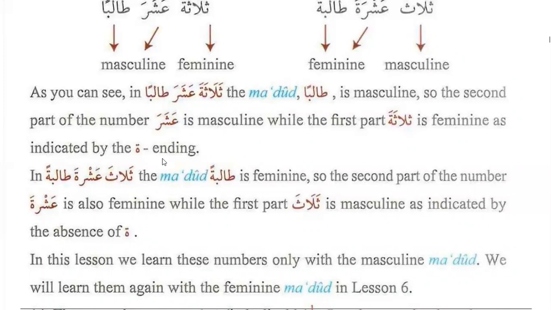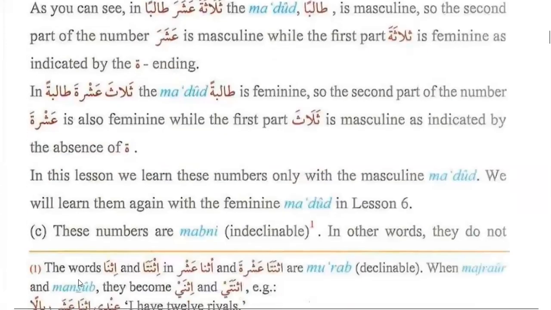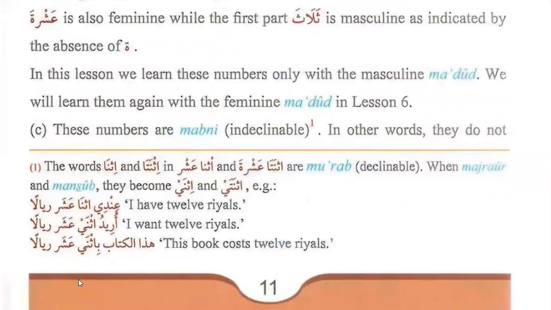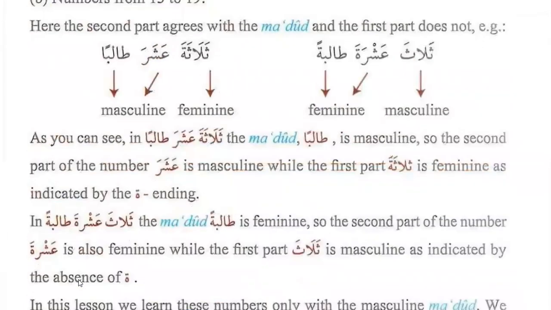So for 3 we use salasa. The same thing will be used with 13, salasata. Sorry, the plural tullabun is not used. From 3 to 10, the ma'dud is jam' majroor. That's why we say tullabin.